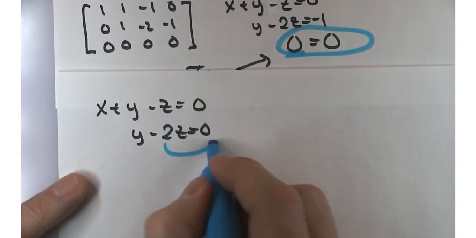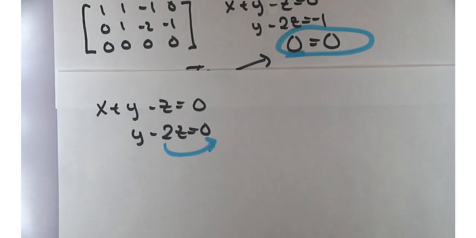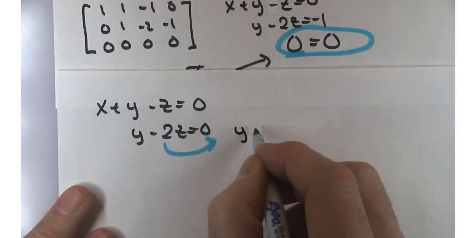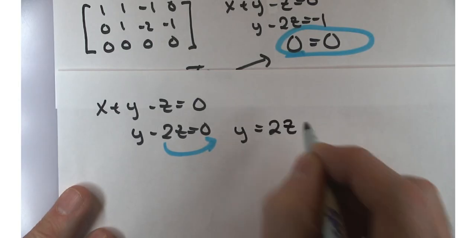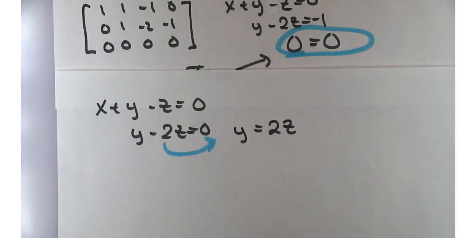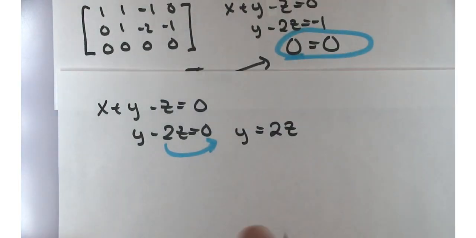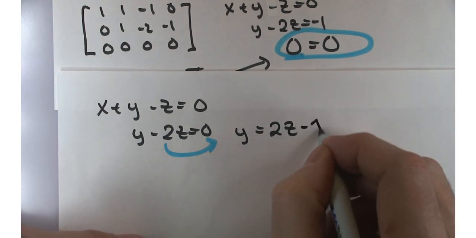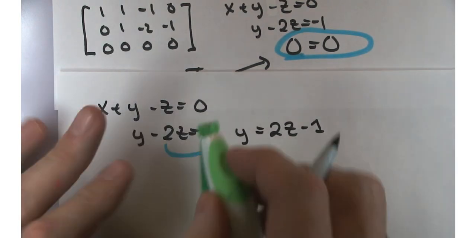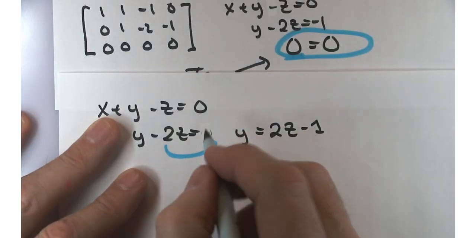That gives me y equals 2z. Okay, great. Wait, isn't it negative 1 and not 0? Oh, is it negative 1? Oh, yeah, I'm sorry. Equals negative 1 there. All right, so it's 2z minus 1. Thank you.